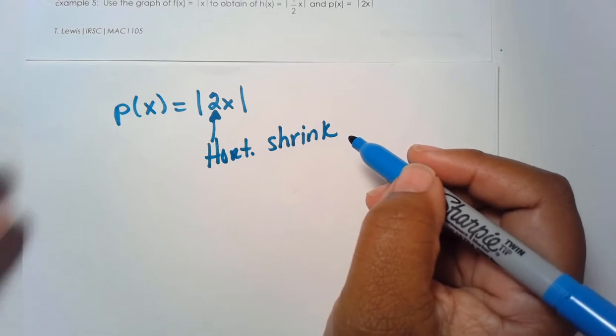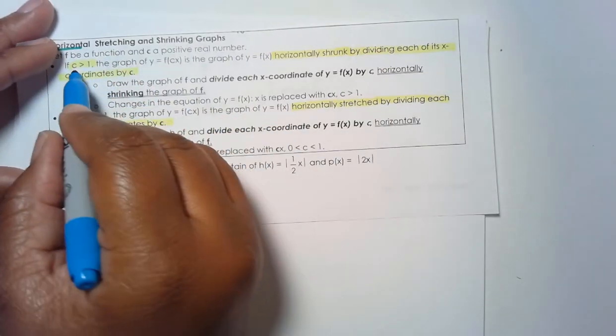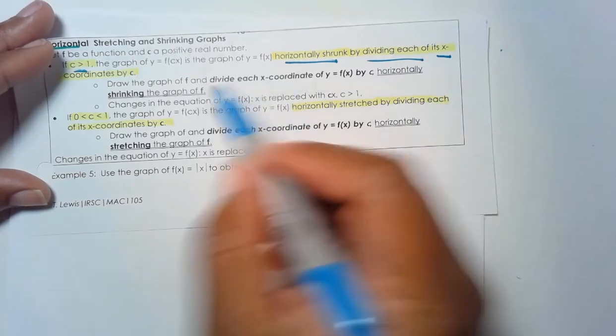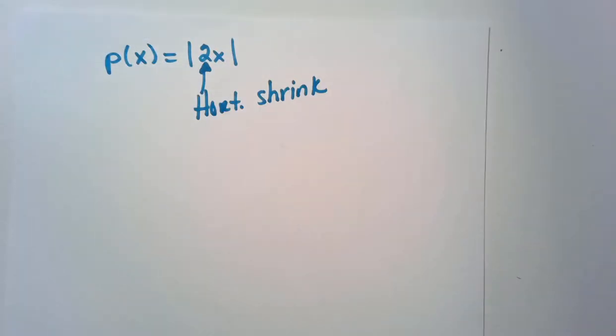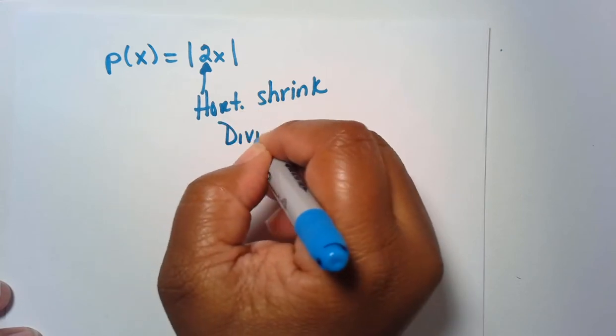Just as what we have here, where it says if it's greater than 1, it will shrink. We're going to divide each x coordinate by 2.